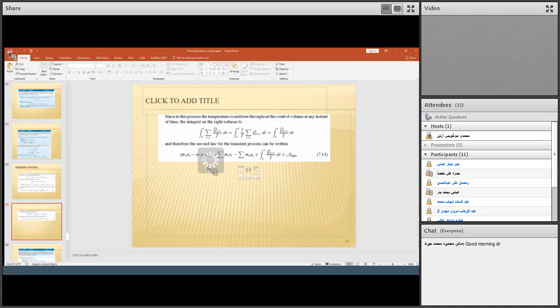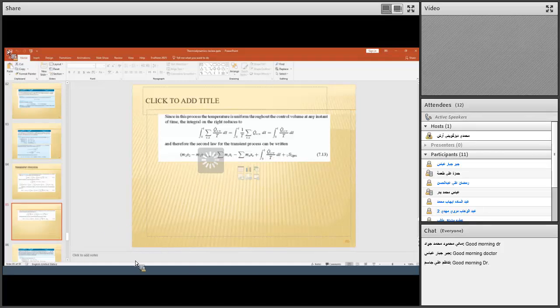If we consider the rate of heat transfer to be constant and uniform on the system, this integral converts to the integral between 0 and t of rate of heat transfer divided by T dt. So the final form of the second law of thermodynamics for the transient process is according to equation 7.13.